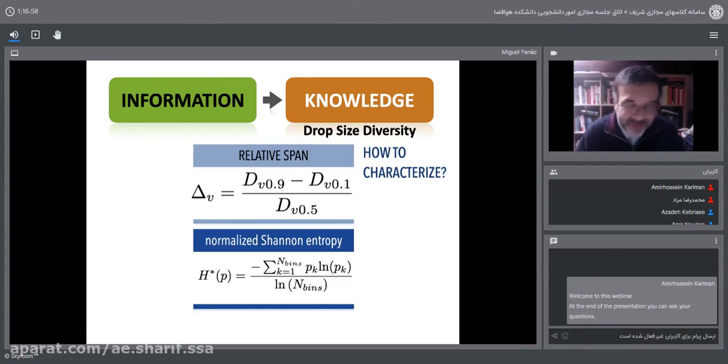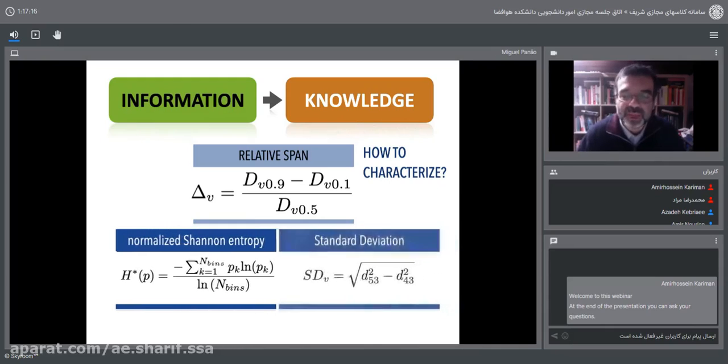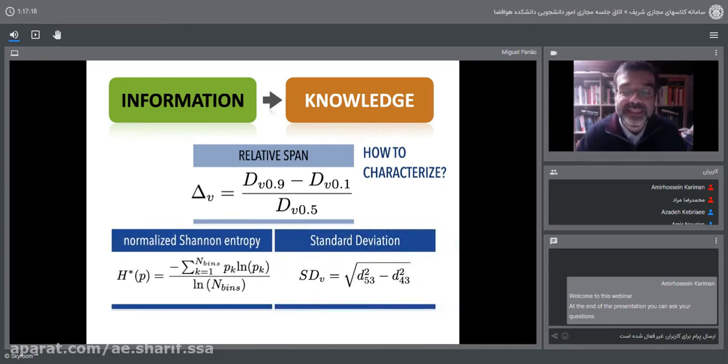But I received very interesting critiques from colleagues at the University of Saragossa. They said in their paper that this parameter had limitations, and the best parameter to quantify the spray uniformity degree would be the volume-weighted standard deviation. And I got curious, right? Because when someone criticizes your work, you get curious.